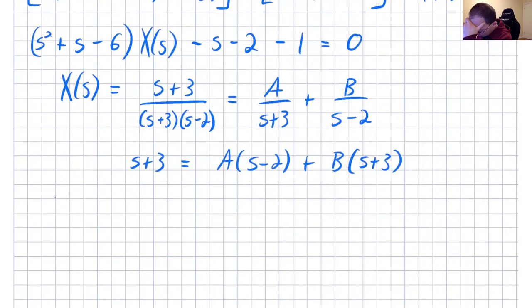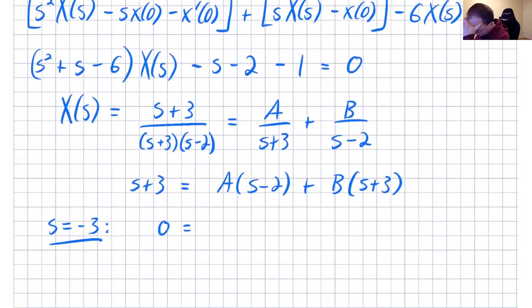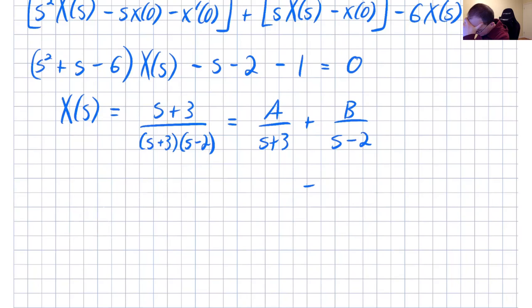And now we make some quick substitutions. s equals minus 3 gives us 0. Oh, this actually simplifies. I just noticed. So this is equal to this. So those actually will cancel. Okay, so we can stop doing this because we already have the partial fraction solution. It will be 1 over s minus 2.